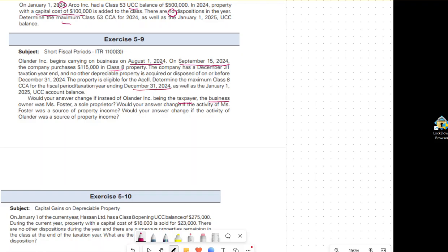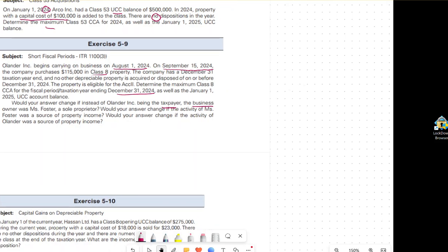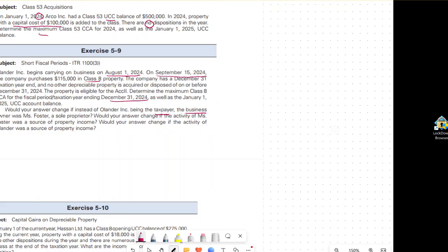So we needed to count how many days have gone by from when we started the business. It's a short year, so you have to count, and it comes out to be 153 out of the full year. My full year has 365 days.